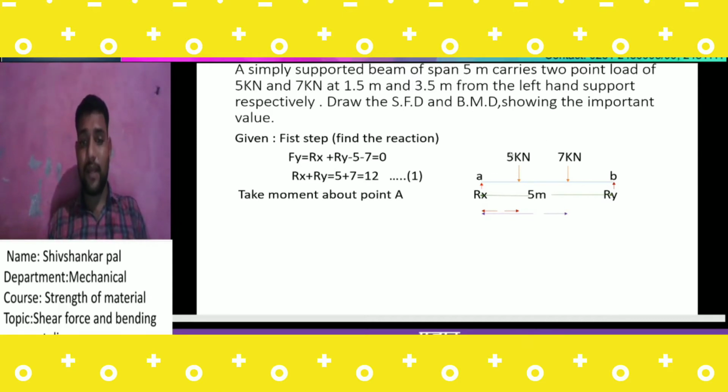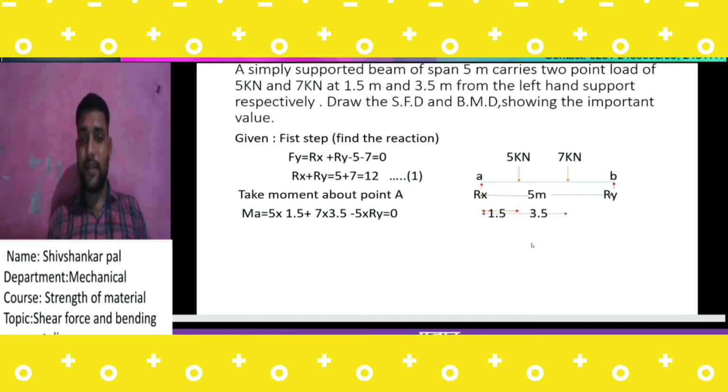So I place our first load 1.5 meters from the left hand support, 5 kilonewton, and the second one, 7 kilonewton, acts on the beam 3.5 meters from the left hand support. This is the diagram drawn according to the question.